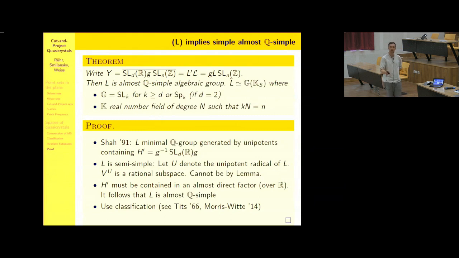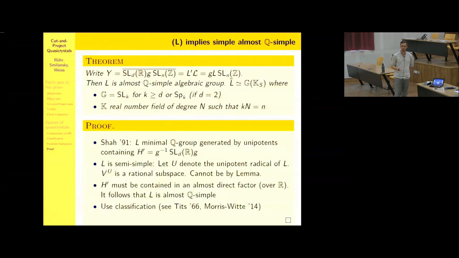So the group is semi-simple, and then we are happy. So you have to argue that this H prime has to be contained in an almost direct product, where you can use minimality again to say that L has to be Q-simple.